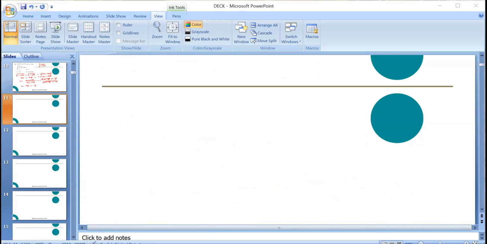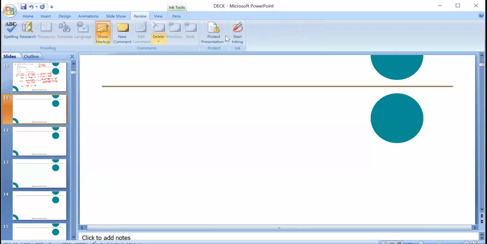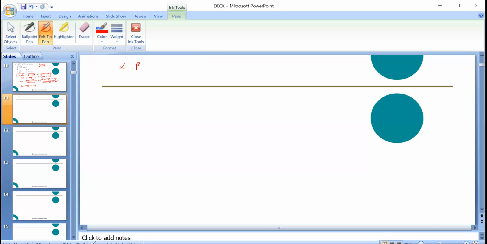Or alpha minus beta by 2 will be equal to tan inverse.